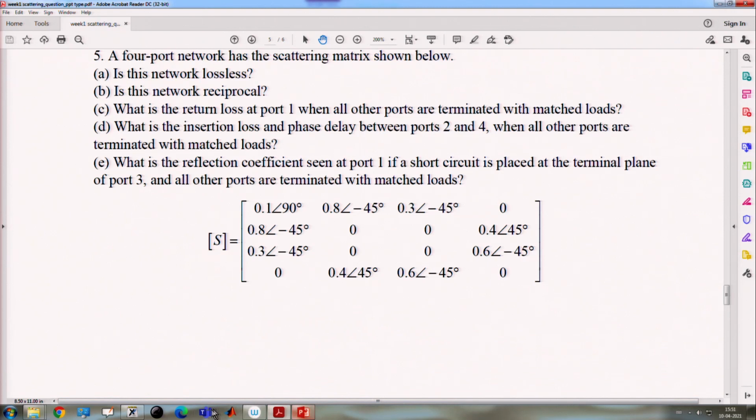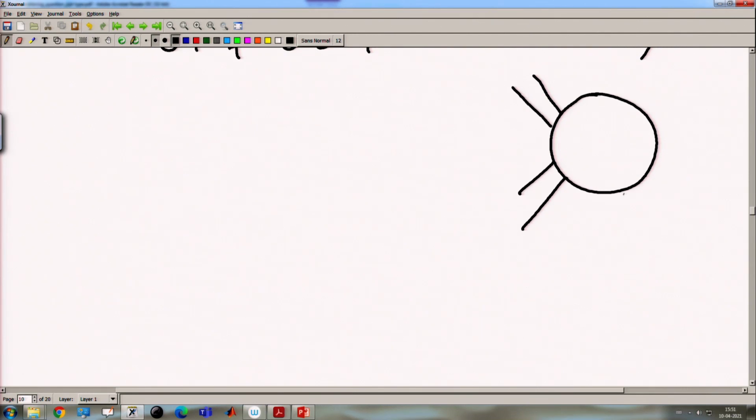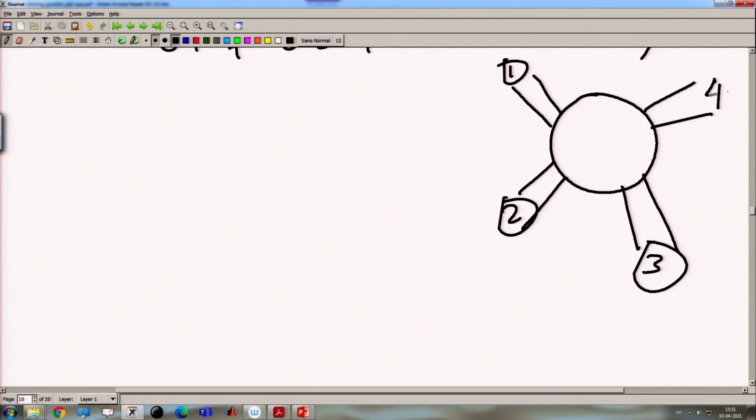First, we have to see how 4-port networks look. For the 4-port network we can draw some system with port 1, port 2, port 3, port 4. At port 1 the incoming wave is V1 plus and the wave reflected from port 1 is V1 minus.